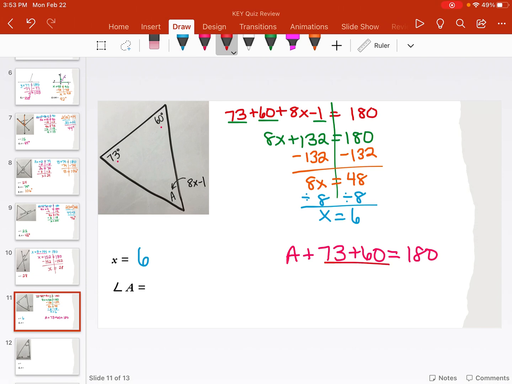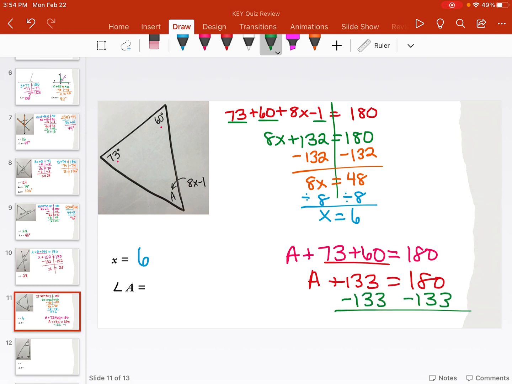These two together, 73 plus 60, is 133, so angle A plus 133 equals 180, and then I can subtract 133 from 180, and I get 47. So angle A equals 47 degrees.